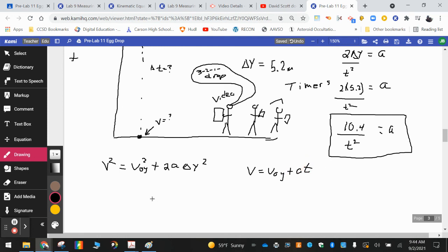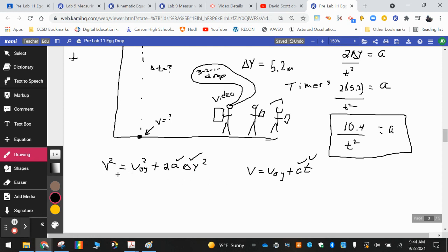Could we use both of these equations, or one of them, or neither? If I have time and the acceleration, I can use this equation here. Here I don't have time, but I do have acceleration and delta y, so I should be able to do this, and these should be fairly close.